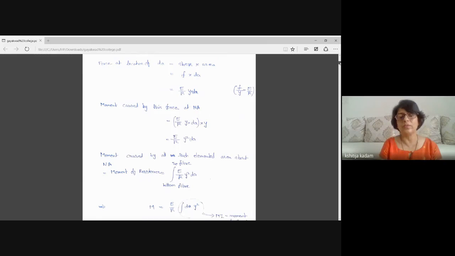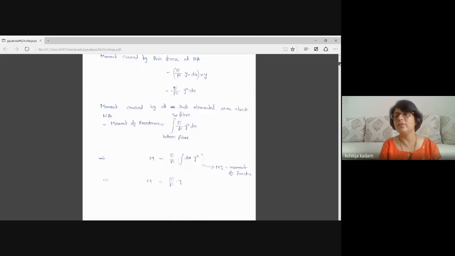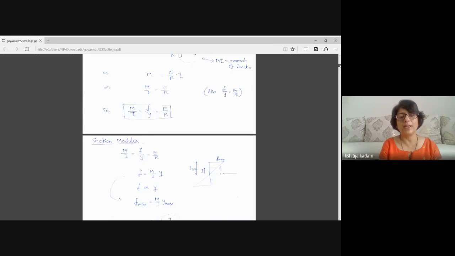Then we can use lot of formula, lot of calculation, and that derivation I am not taking here. Finally, I am giving you this formula, the formula which is written in box. What is this formula?